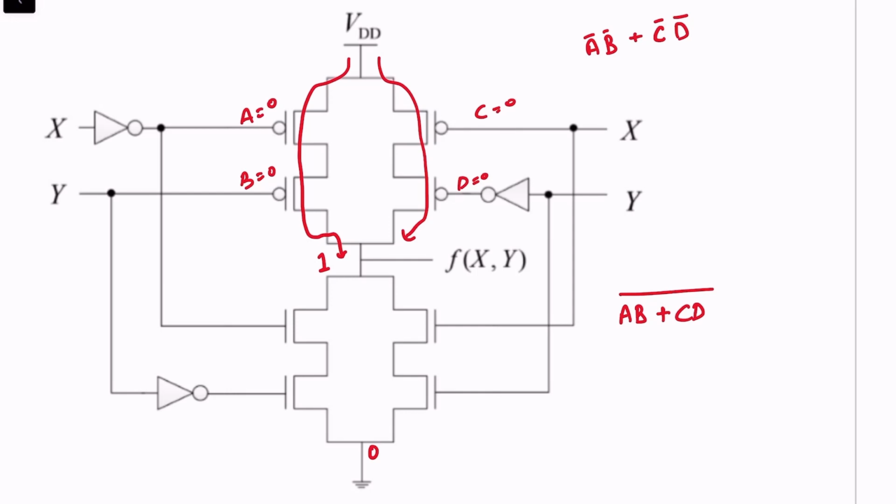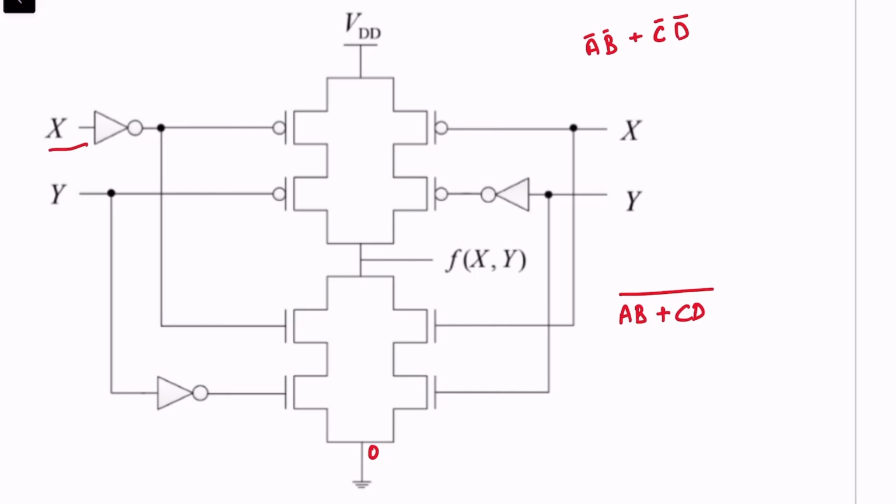And finally, this will be the expression for ABCD on the gates as seen from the P stack's perspective, right? So let's just look at what the ABCD are.